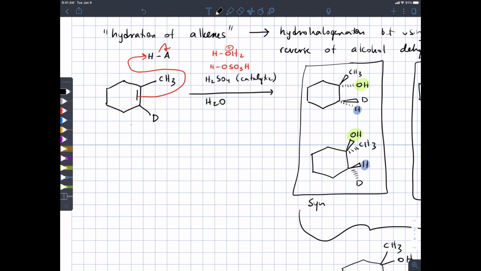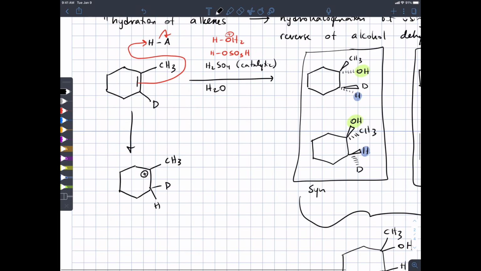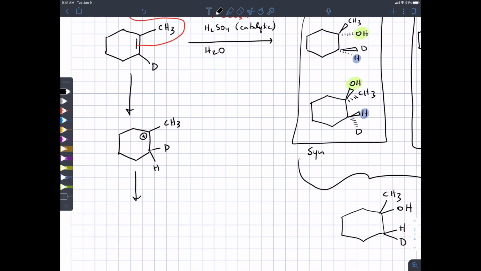You would get a carbocationic intermediate. Again, the first step is regioselective for having the positive charge on the more substituted carbon where it's more stable. Then water would come in and add to where the positive charge is from above or below.